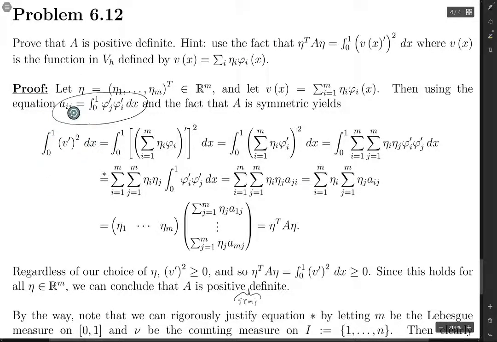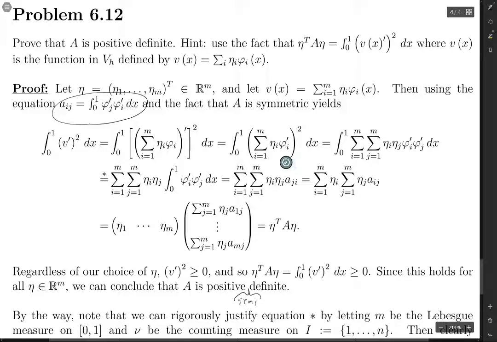We're going to use the form of A and the fact that A is symmetric. So we start with this integral. V is defined here, so we'll write that out. Differentiation can be brought inside, so we just bring the phi i prime there.